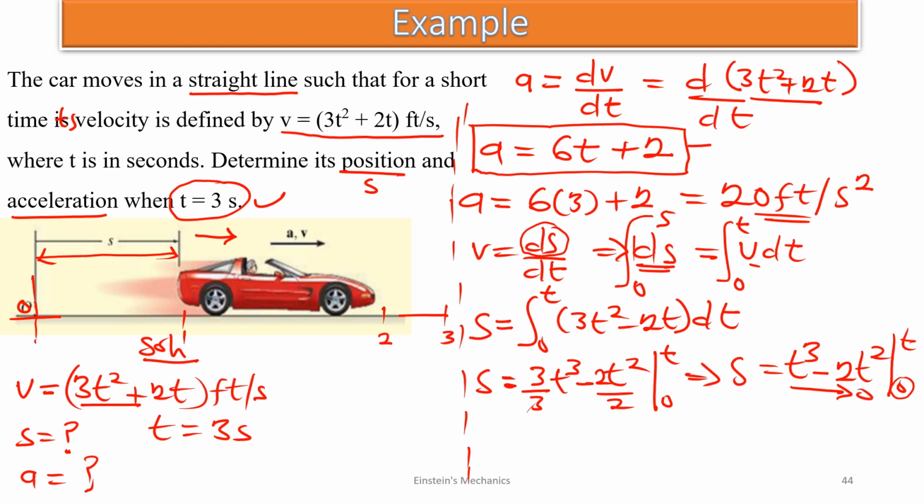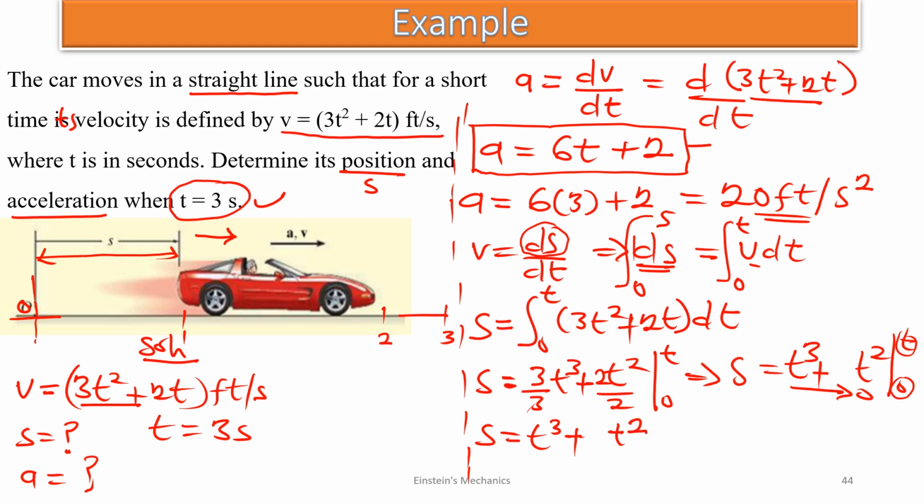So our x is going to be t cubed, and the 2 is going to vanish because it cancels itself. So we have the function to be t cubed plus t squared. Are we okay?